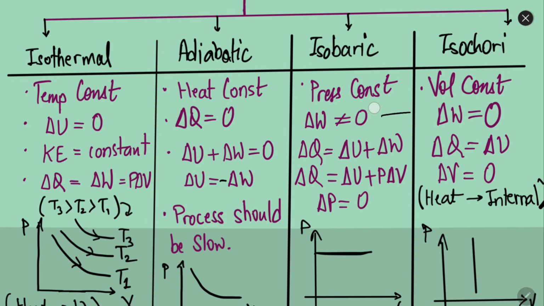In the isochoric process work done will be equal to 0 because the change in volume is 0. So this will mean that heat will be equal to the work done in the isothermal case. Here internal energy will be equal to the negative of the work done. Here the formula will remain as it is. Change in pressure will be 0, by the way, and here heat will be equal to the internal energy.